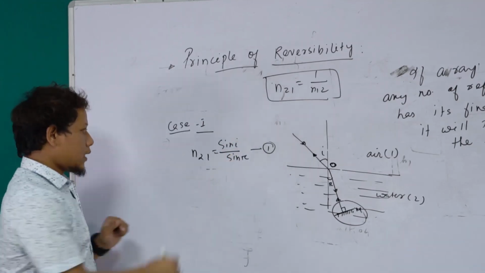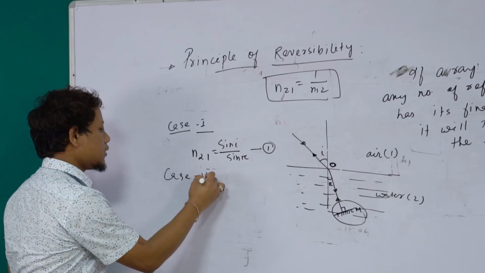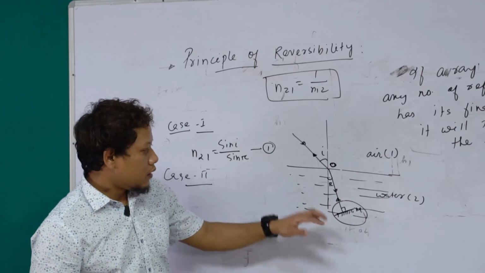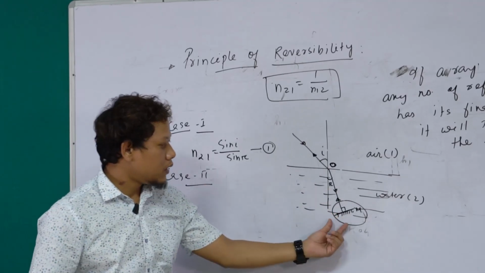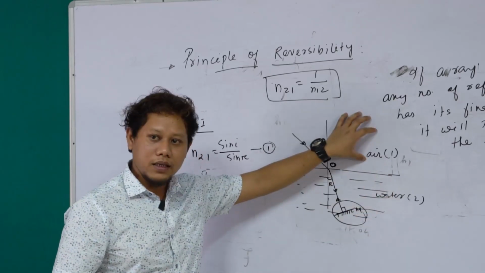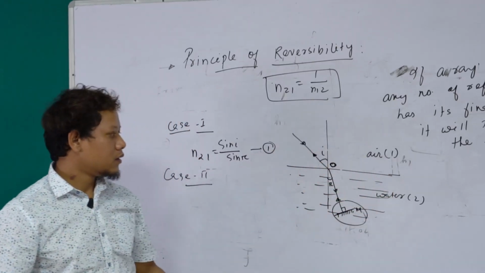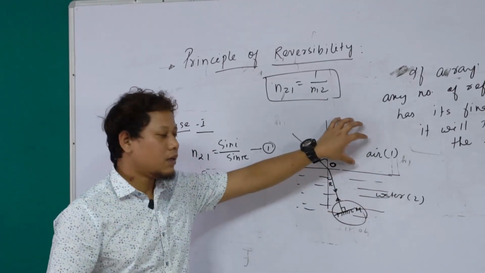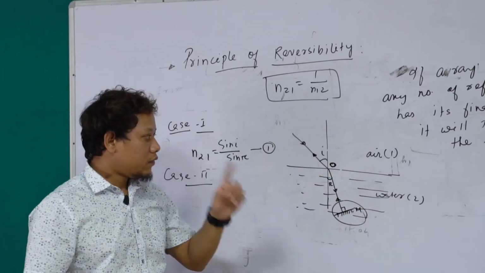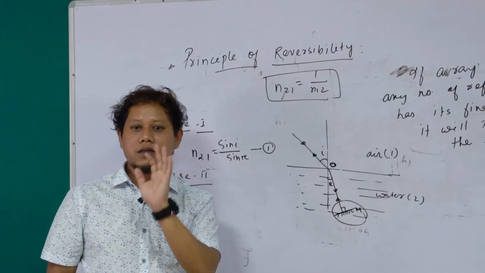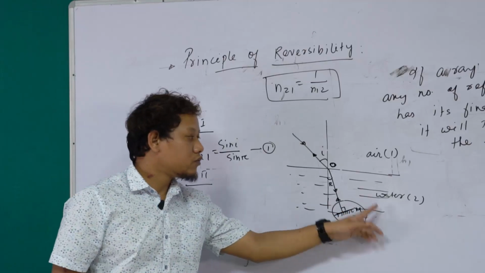Okay. Now in the second case, say this is case 2. In the second case, the ray of light is now striking the plane mirror, and it is traveling from medium 2 to medium 1. So we can write the refractive index of medium 1 with respect to medium 2, N12. Why? Because the ray of light is traveling from medium 2 to medium 1.